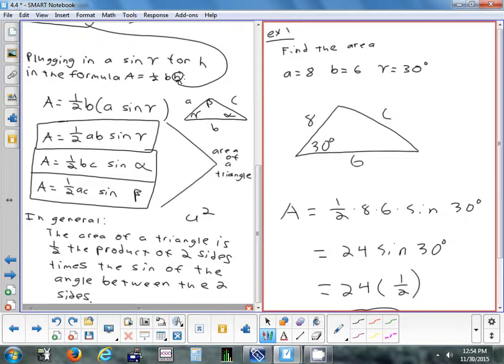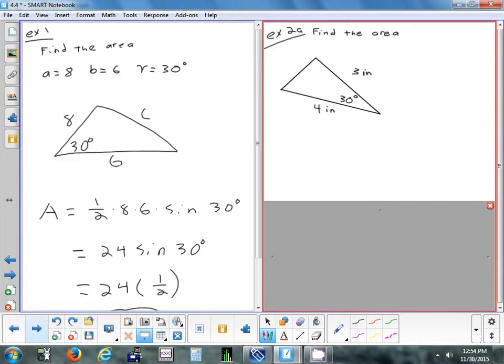You need to know this general idea: half the product of two sides times the sine of the angle between. Somebody else think they can give me my formula to find the area here? A equals 1/2 times 3 times 4 times sine 30. Yep.